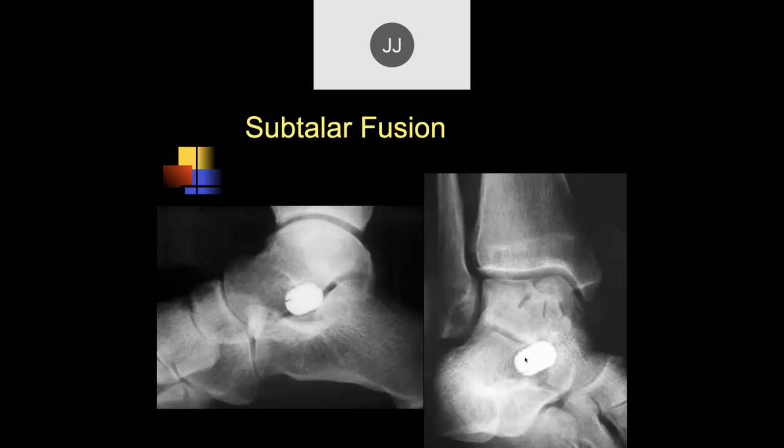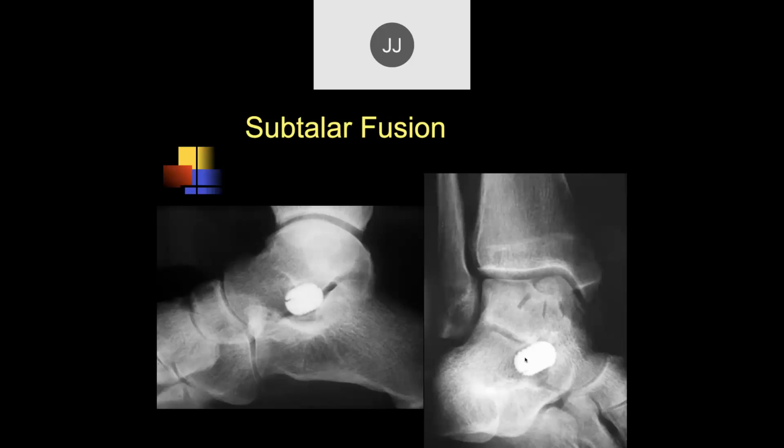This is a piece of metal that contains bone, either the patient's own autograft or somebody else's allograft that they put in a container, and it has holes in it, and it hasn't been effective in this joint.